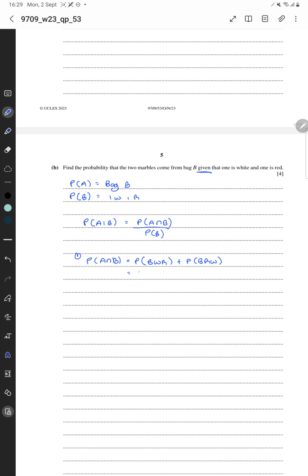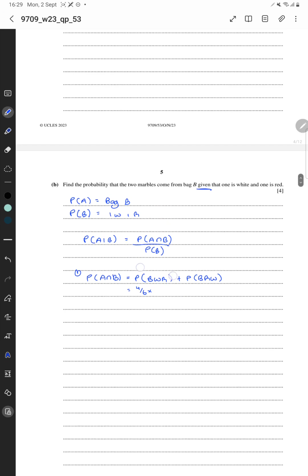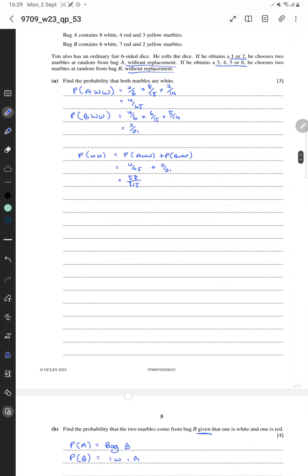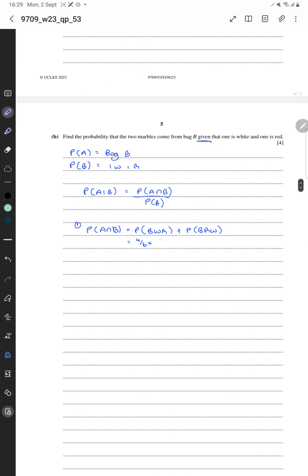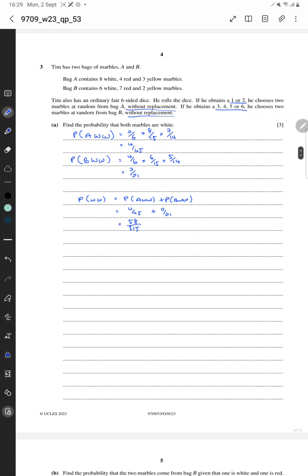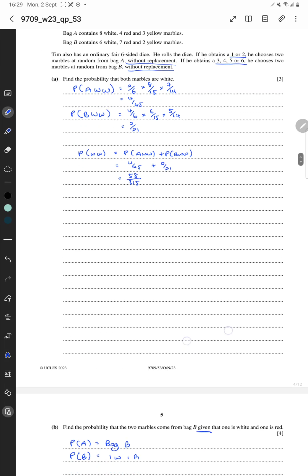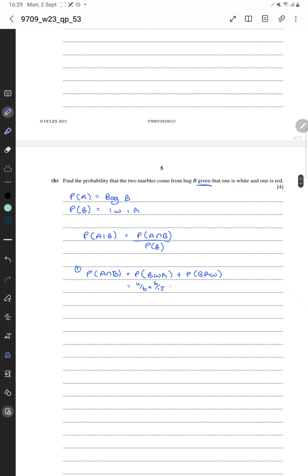So the probability of getting bag B is going to be 4 over 6, times getting a white from bag B, which is 6 over 15, right? Assuming it's still without replacement, because this sentence lies before the parts, it applies throughout the question. And red is 7, so times 7 over 14.